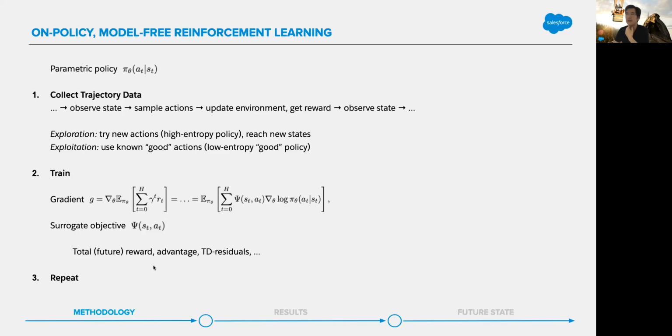There are a number of things that you can put in here, like just the total future reward, but there are better choices like the advantage function or TD residuals, because in general this expectation cannot be computed fully, but you have to estimate it somehow. In almost all cases, advantage functions are better suited because they lead to lower variance in your estimator for this expectation value. And then you just repeat this process.